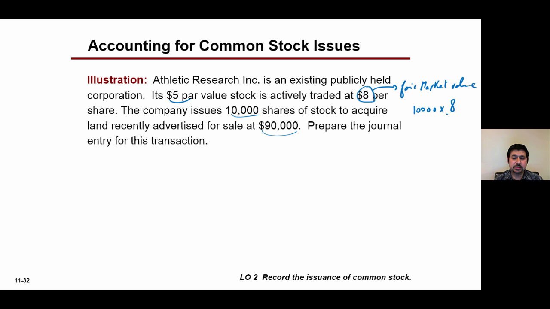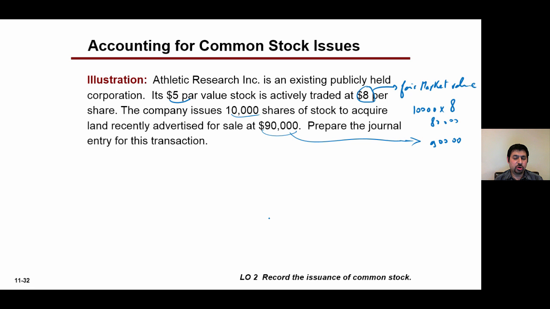Remember that here the stock is actively traded. So this would be 80,000 or 90,000, which was advertised for the price where the land was advertised. Which one are we going to use?